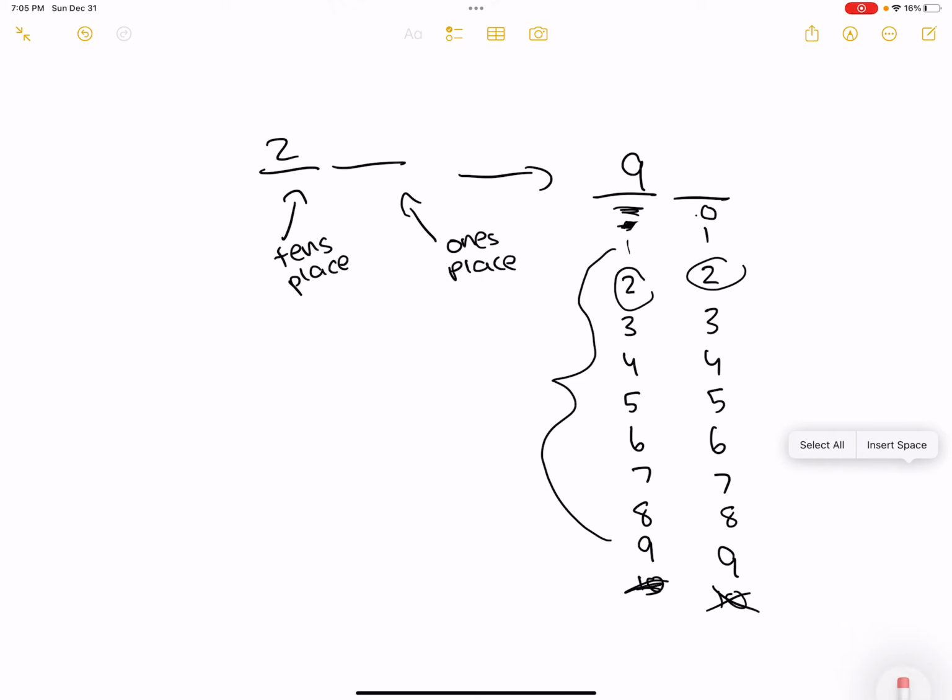If they're supposed to be different, then I can't repeat it, can I? So in the 10 possible choices that you have here, you would have to cross out the 2 because it's already been used in the tens place. So that leaves you with another 9 choices.